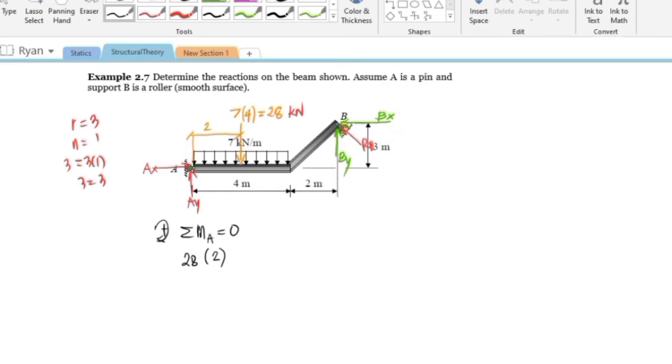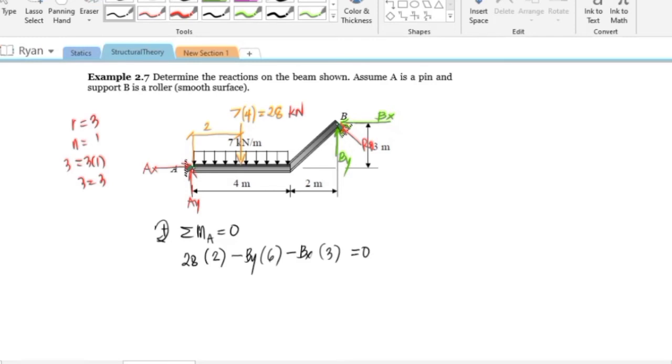For the BY, we have here a counterclockwise rotation, so that would give us negative BY multiplied by the perpendicular distance. Our perpendicular distance from the BY papunta sa point A is 6 meters. For the BX, magkakaroon tayo ng counterclockwise rotation. So that is also negative BX multiplied by the distance perpendicular to BX, which is 3 meters. And this is equal to 0.